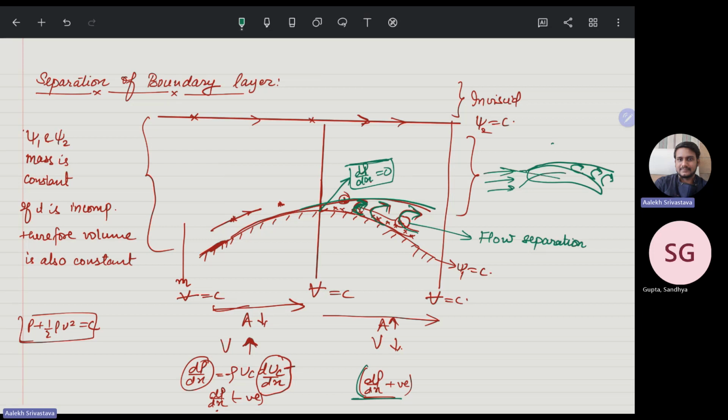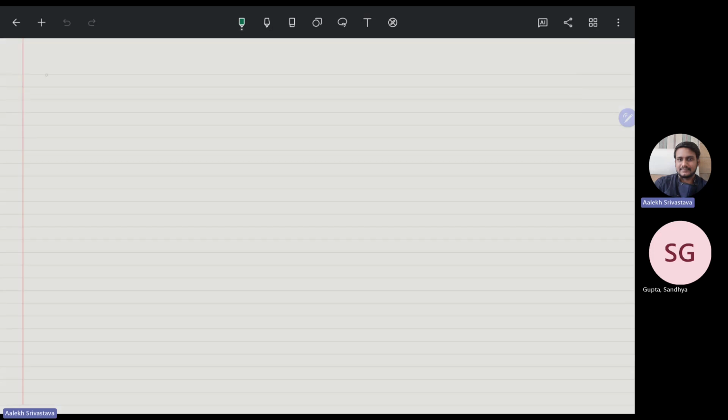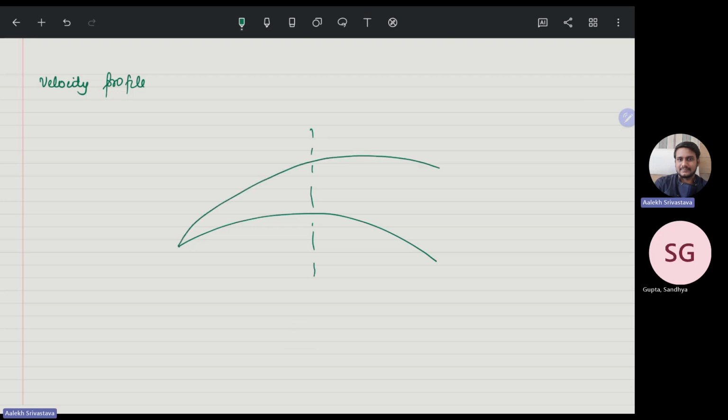Now our aim is to see what are the things that can prevent the drag. First we need to see the velocity profile. First we will conclude this. So suppose this was the thing, and this is some term. If my boundary layer goes like this, here you have a separation. Now we will draw the velocity profile. Here the velocity profile will look like this because the flow is attached.